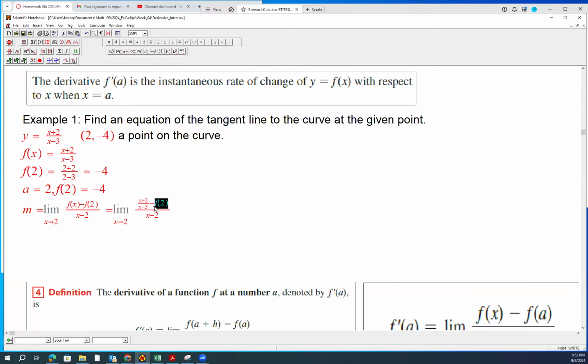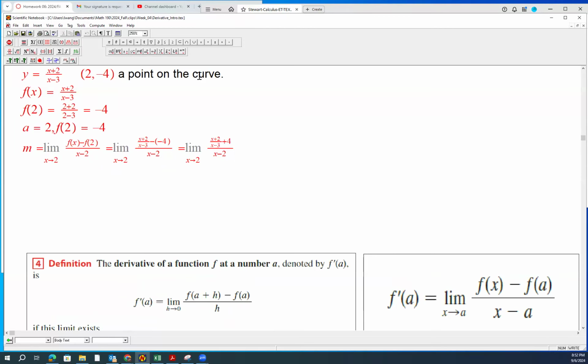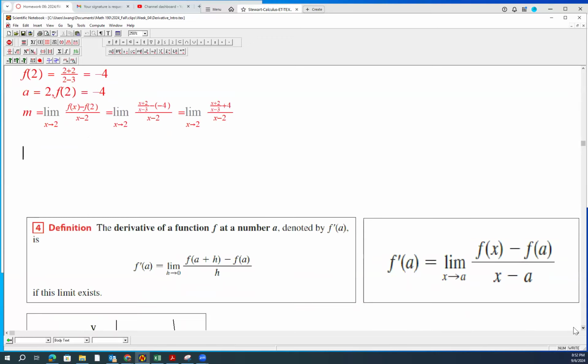And f of 2 is -4. And we have x minus 2 in the denominator. And we simplify a little bit, a negative of -4 is +4. So this is going to be +4. And then we're going to reduce this fraction form. And how do we simplify this complex fraction?